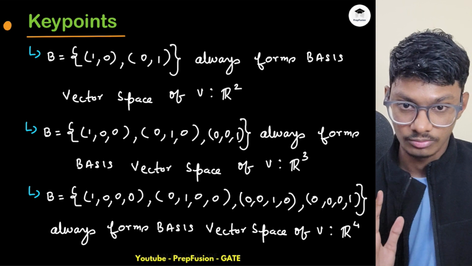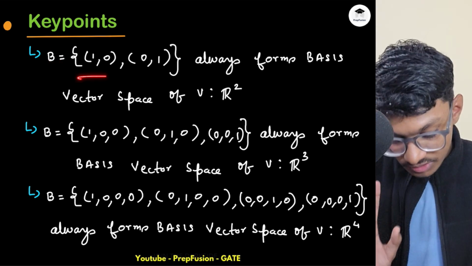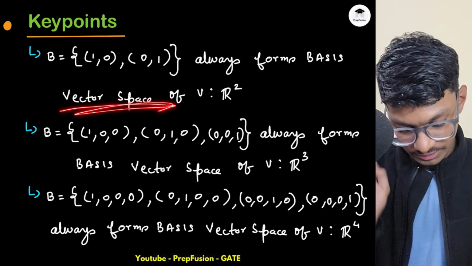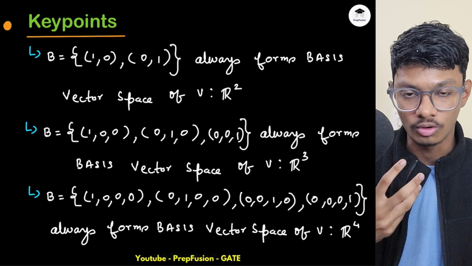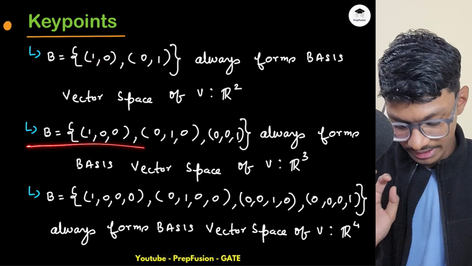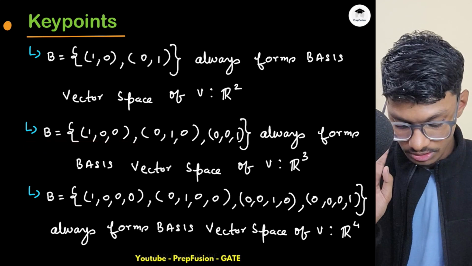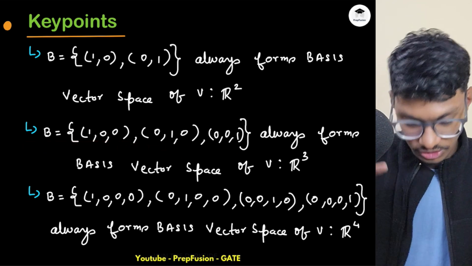Basically, let's read the key points. So here b equals 1 0 0 1. So this will always form a basis vector space of R square. This is simply, if you want to recall a physics vector, this is i cap, this is j cap. Here this is i j k: 1 0 0, 0 1 0, 0 0 1. I know you already know this, but just to reiterate.